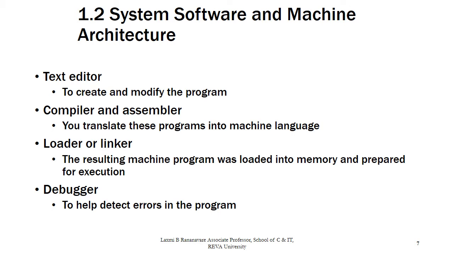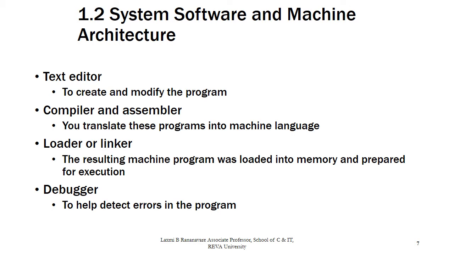The second topic is compiler and assembler. These are system software. A compiler takes the source program which is written in some language, a high level language or middle level language, and generates the object code. The object code is a binary bit pattern.